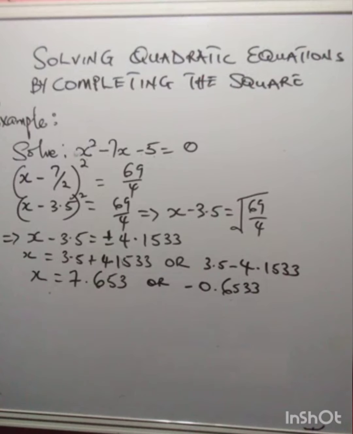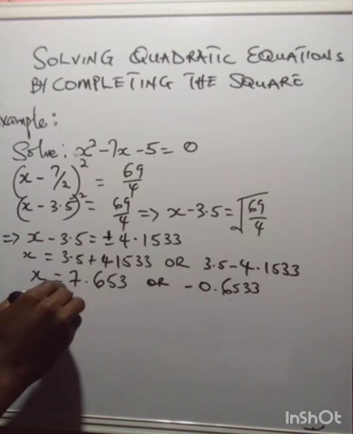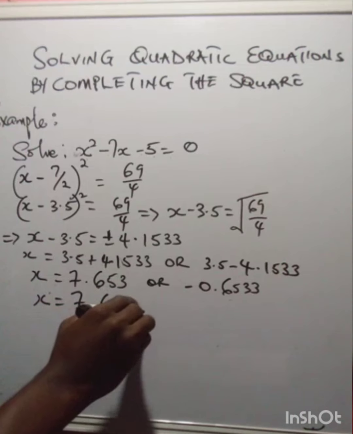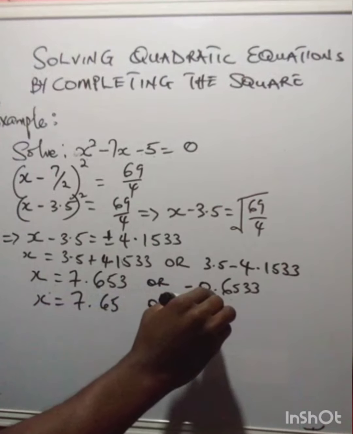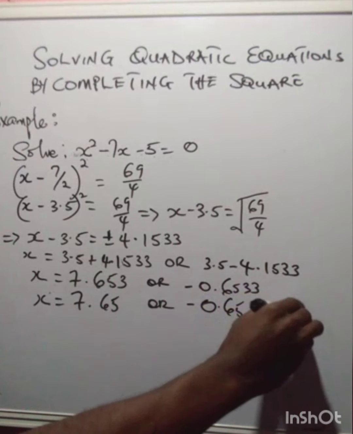So in other words, our x is equal to 7.65 or minus 0.65 to 2 decimal places.